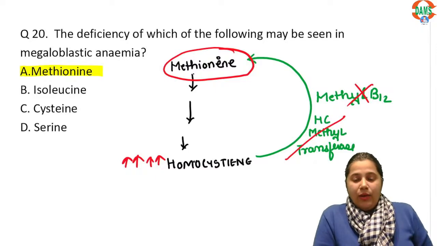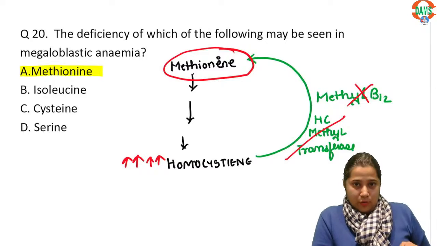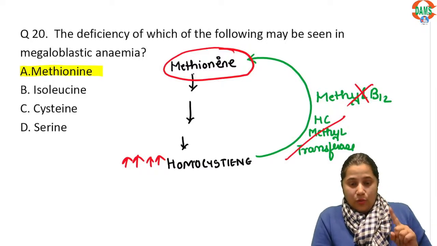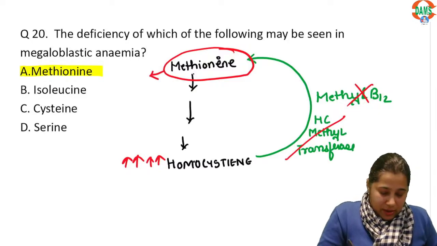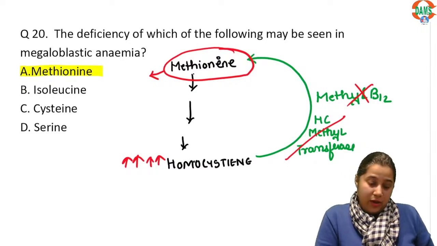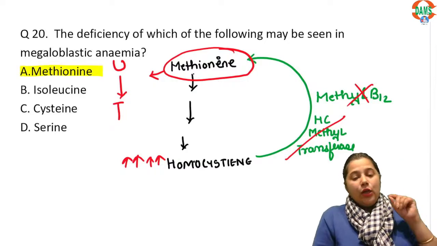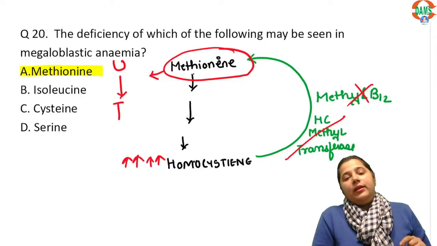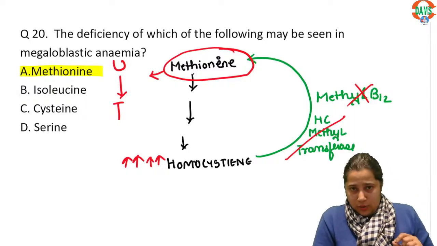So, even methionine is requiring vitamin B12. And please note here, methionine is the methyl donor. It is the universal methyl donor which will convert uracil to thymine. The only difference between uracil and thymine is a methyl group, and that methyl group comes from methionine.